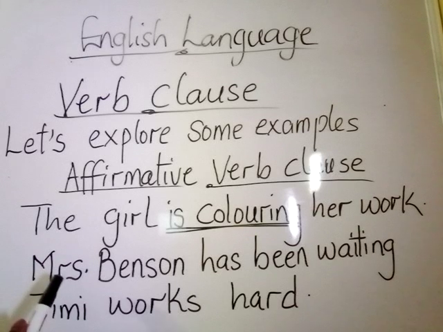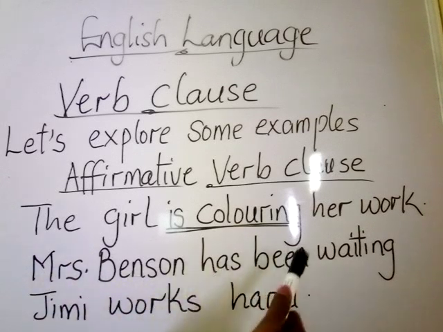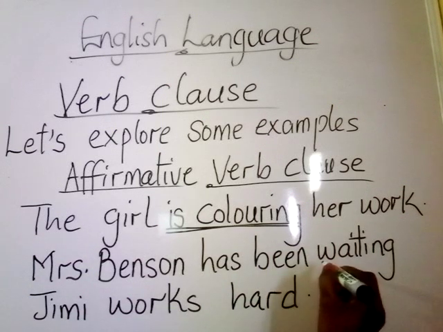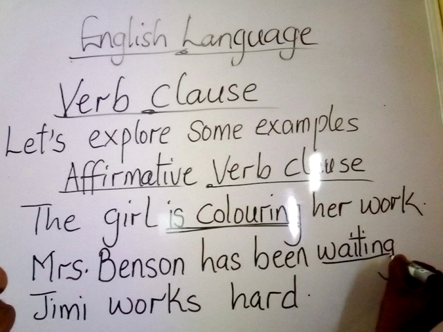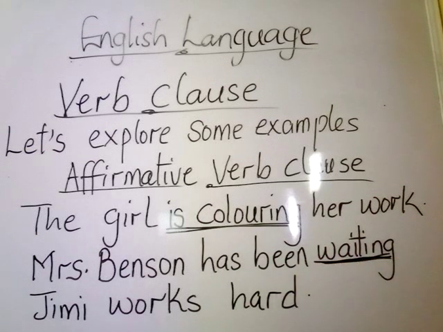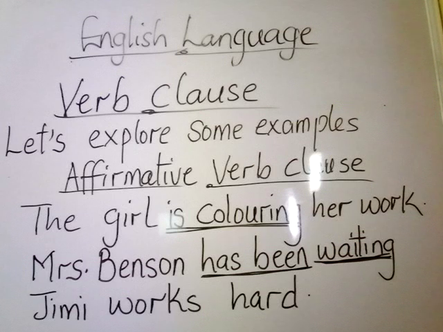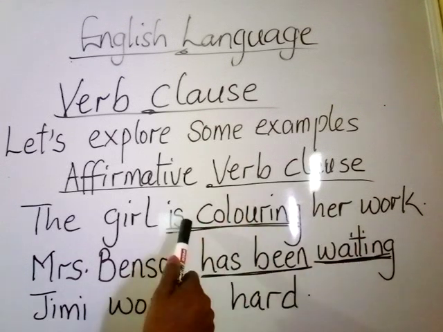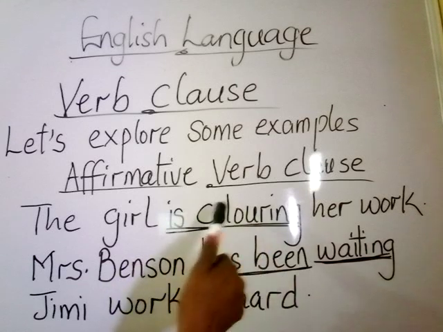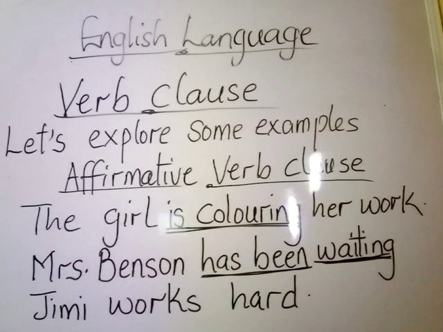The next example here says, Mrs. Benson has been waiting. Again, we see waiting as the main verb, okay, while has been is the helping verb. So together they form the verb clause. In the same way, is coloring forms the verb clause here.